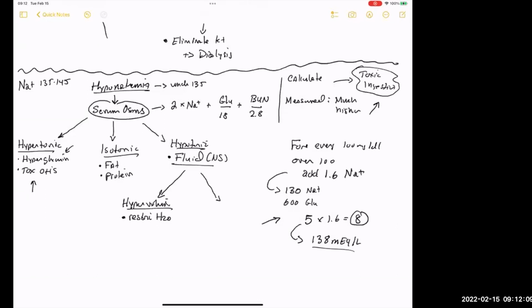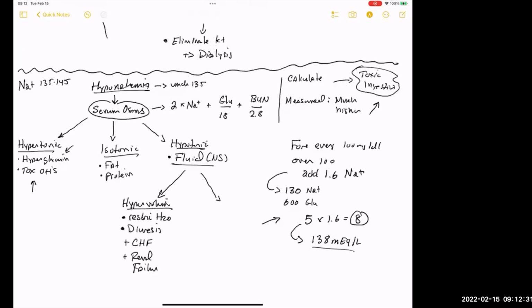All right. If they are hypervolemic, restrict water, and then diuresis, get rid of that excess water. And this tends to be common with congestive heart failure, where you have a buildup of fluid, and renal failure.